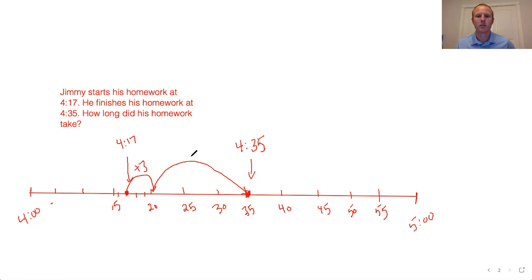This one is sort of a simple one in that way. I like to get to the nearest 5 wherever I am. I move up to the next 5, and then from there I jump ahead to the number we're looking for. In this case, it jumped right to the number, but jump to the nearest 5 that comes before the number we're looking for. And so we have 15 plus 3 is 18. So it took 18 minutes.